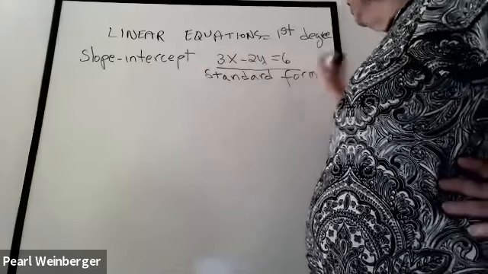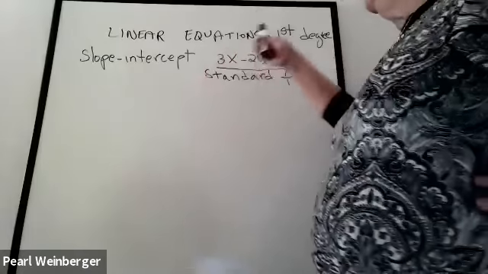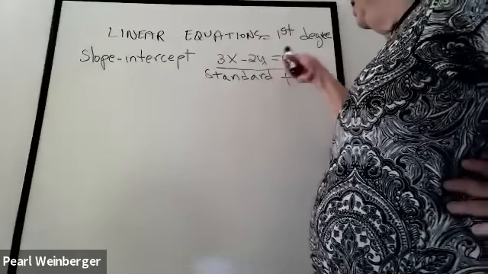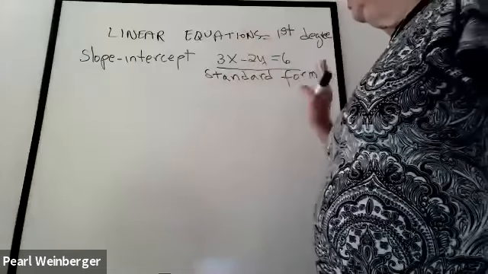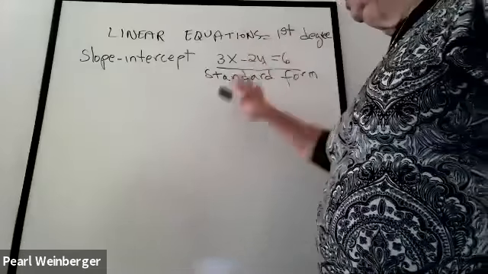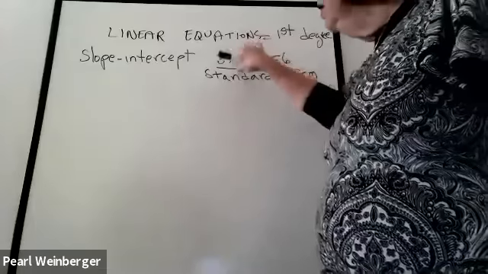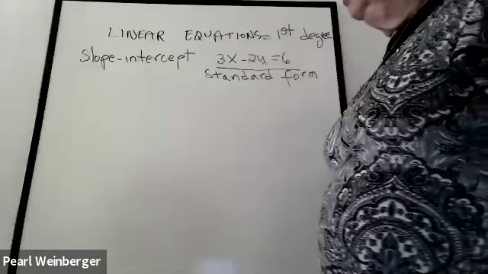If you notice, I have an x, then I have a y, my equal sign, and a number. That is the standard form of a linear equation. Again, remember, it's linear because there are no exponents.